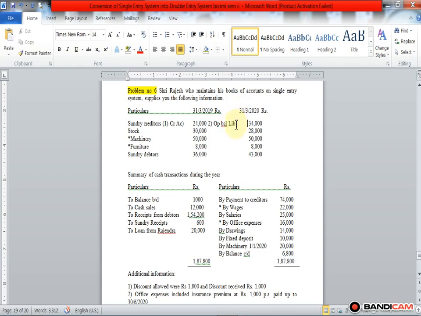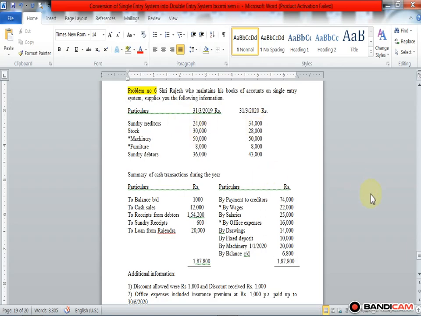We discussed it in our previous lecture, so here it doesn't matter to write down in front of that item where we transfer these items. So only discuss the sundry creditors opening and closing.